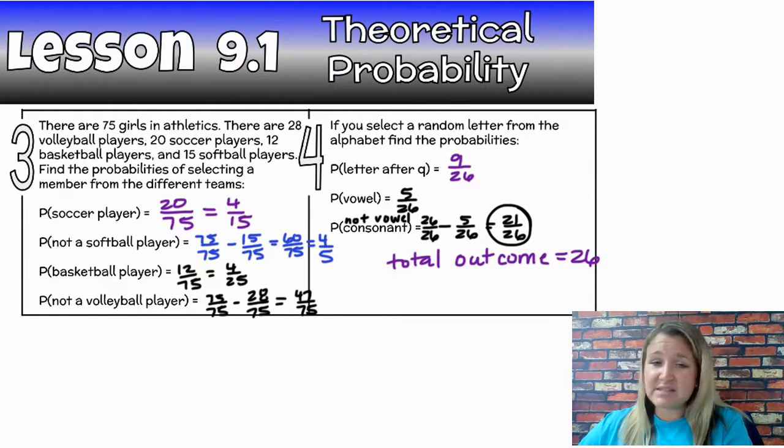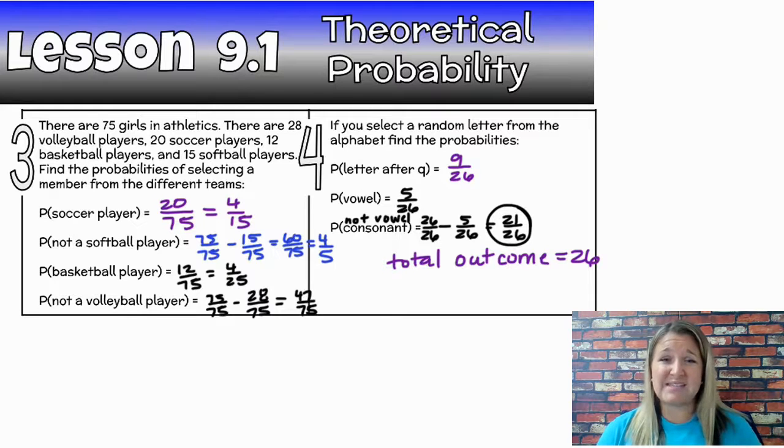So this is theoretical probability. The difference with experimental probability is that the theoretical probabilities are an exact formula, and those probabilities are not ever going to change. When you look at experimental probability, those can change based on the experiment that's being performed. So remember that theoretical probability is the number of desired outcomes divided by the total number of outcomes.